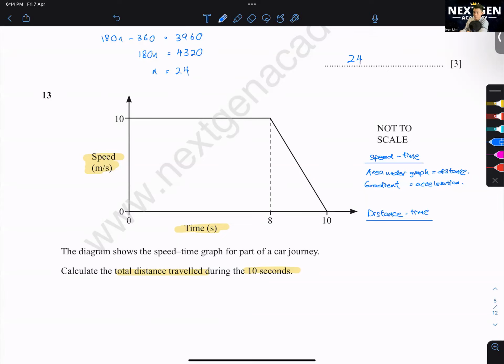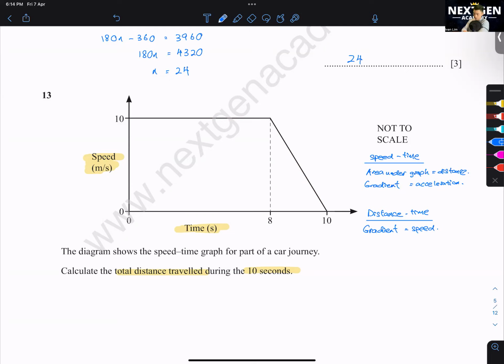So what is d over t? If I got the same exact distance time graph, gradient is your speed. I want you all to always write this down first whenever you come across speed time or distance time graph, because these are the theory part that you need to know first.